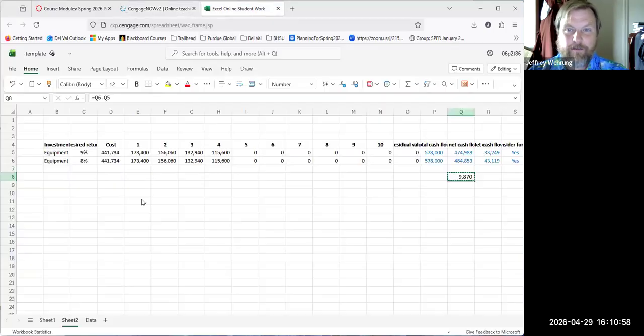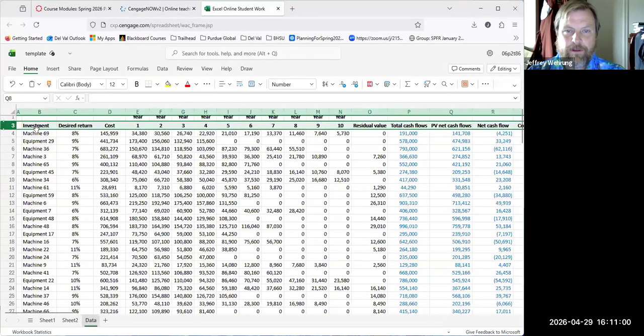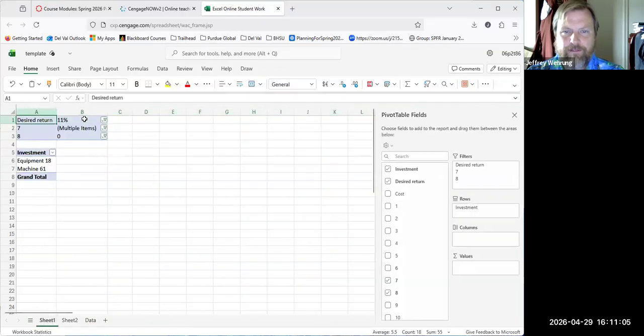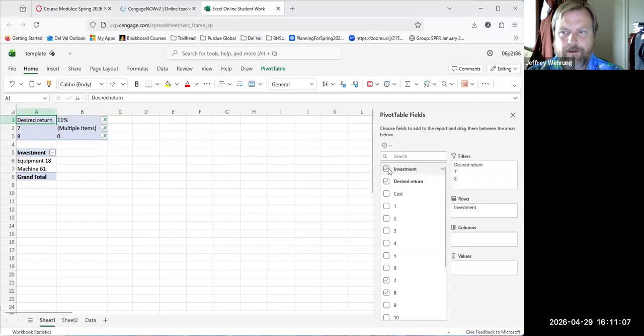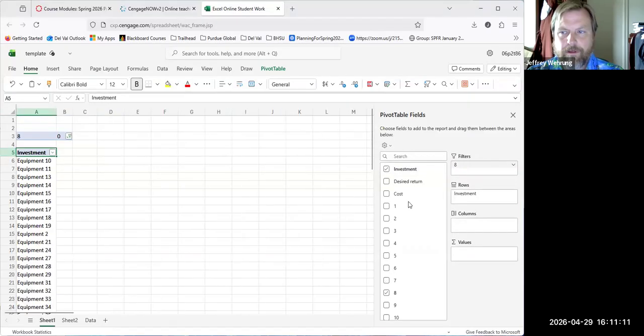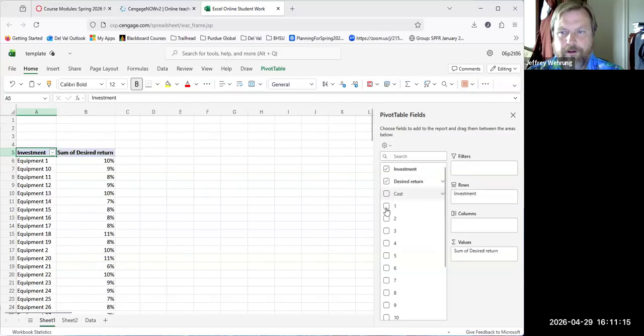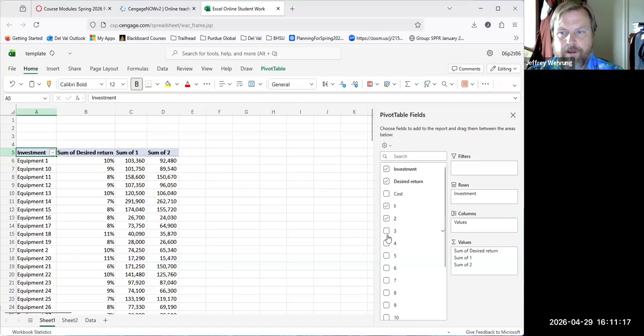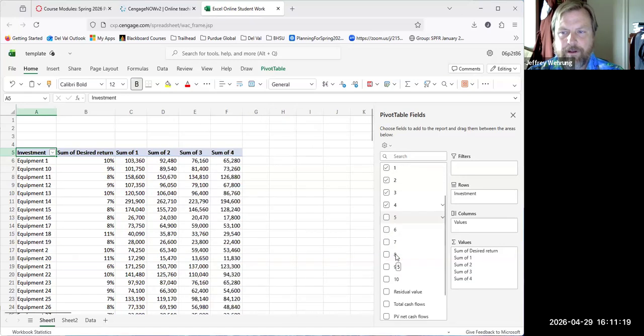Okay, pivot table, you do the same thing. Here I'll show you what to do on the pivot table. But you don't have the formula in the pivot table, right? So we'd have to go in the pivot table, and we would put all of our stuff in here.